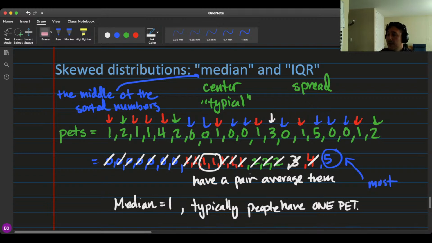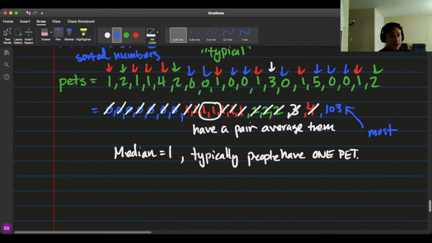Let's say I go and I change this 5 to 103. Do you see how now there's one person who's an extreme outlier? They had 103 pets. Did that change what the median was at all? It does not change it.